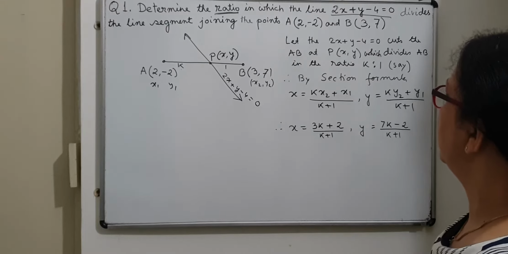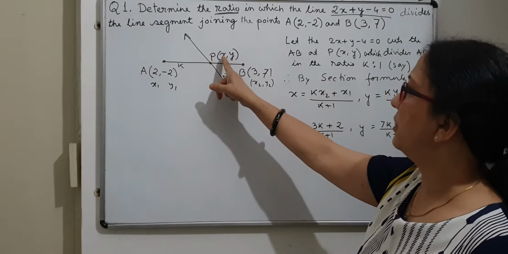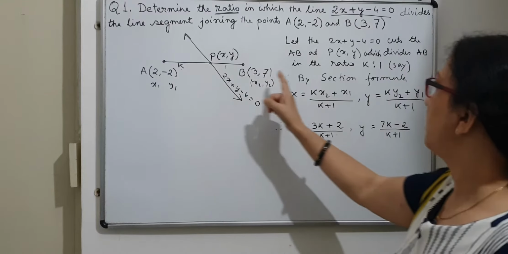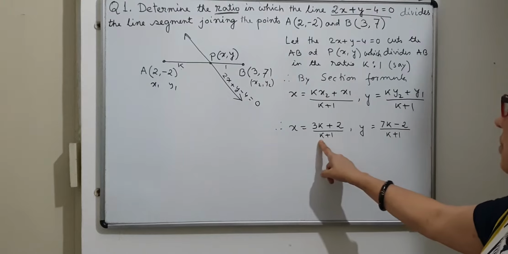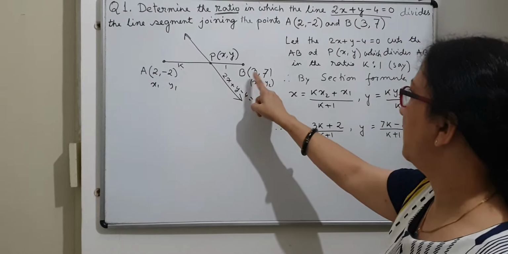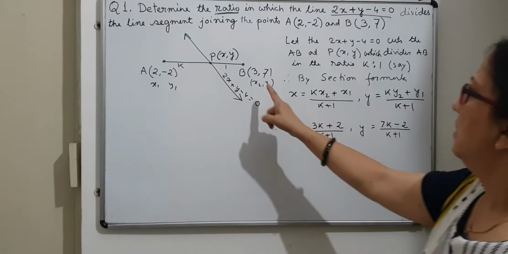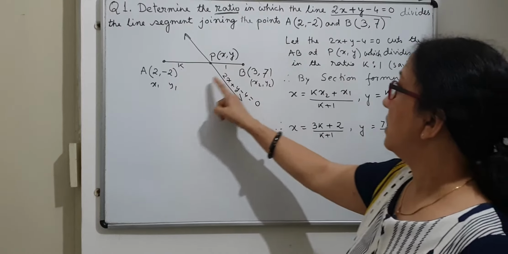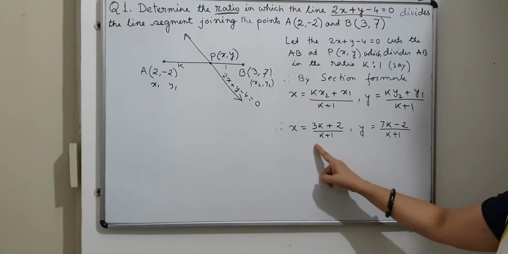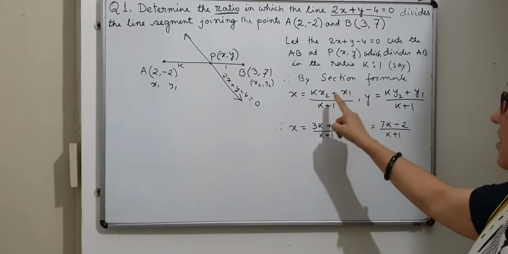So I am writing the coordinates of this point which divides AB in the ratio k:1 by section formula. So you see, k into 3 plus 1 into 2 by k + 1, and similarly k into 7 plus 1 into -2 by k + 1. So these are the values of x and y by section formula.